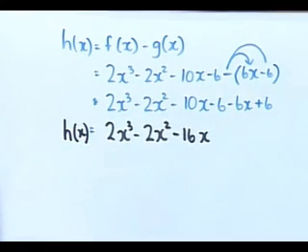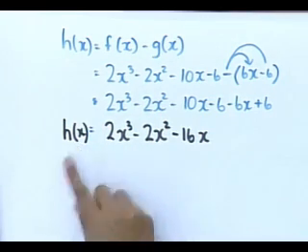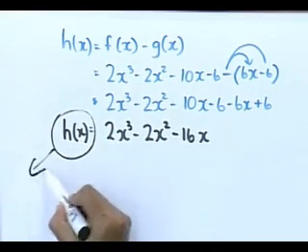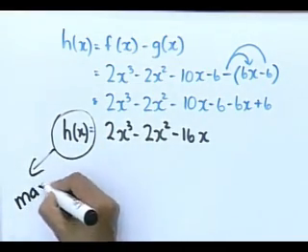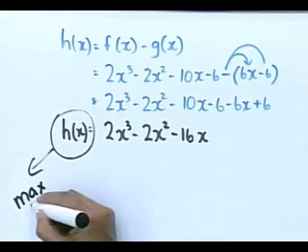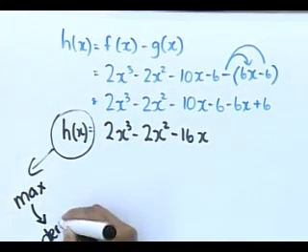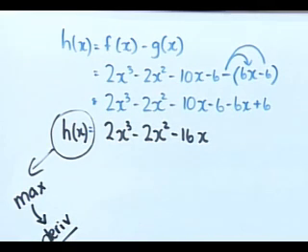And now they said calculate x such that h of x must be a maximum. Okay, I get that. And if I see maximum, what are you going to do in the exam? You are going to find the derivative. Why are you going to find the derivative?